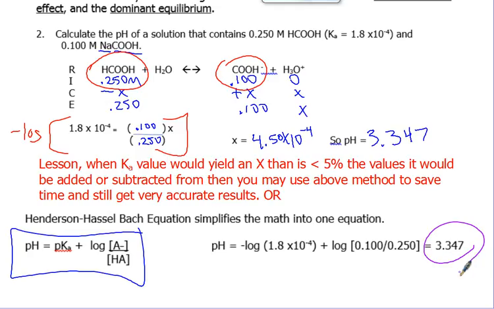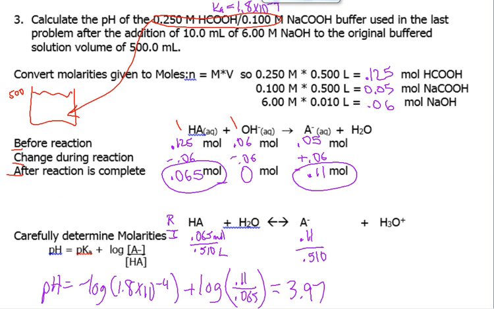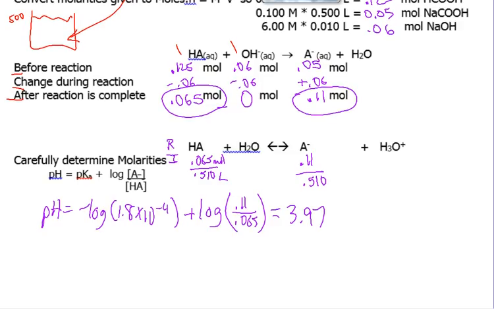This is like step 1 of our lab: what is it if it's pure? And now that some hydroxide's been added, look, the pH increased, didn't it? Did it increase drastically? It went from 3.347 to 3.97. It's not going to increase drastically because we have a weak acid and its conjugate base, and they help resist pH changes. That's what we call a buffer solution.